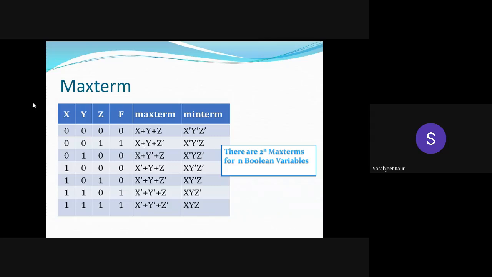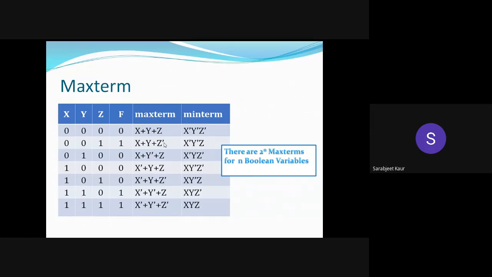So what will be the max term corresponding to the first input combination? It would be x or y or z. Is this clear? Yes, ma'am. Let us look at the second term now. It will be x or y or z complement.